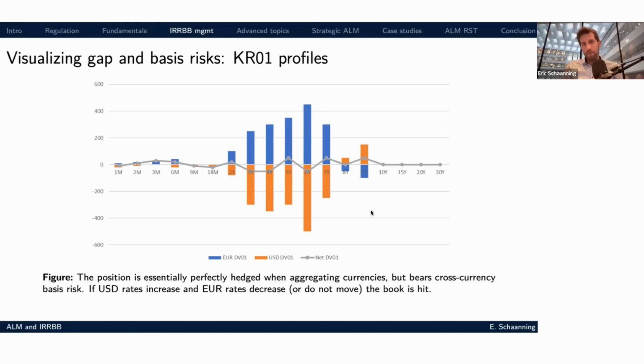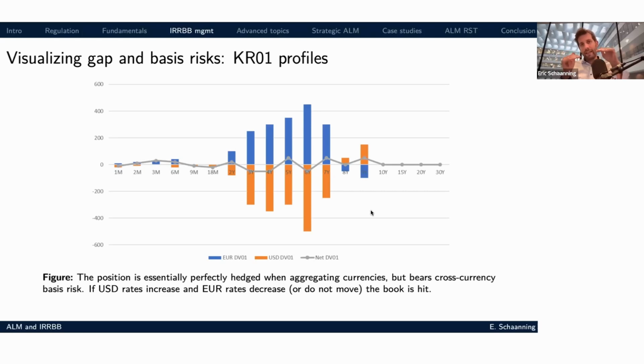And if you really want to wreck this balance sheet, then say there is a flattening of the dollar curve, so short-term rates up to 7 years go up and 8 to 9 years go down, you're hitting the full sensitivity profile of the dollar rates.